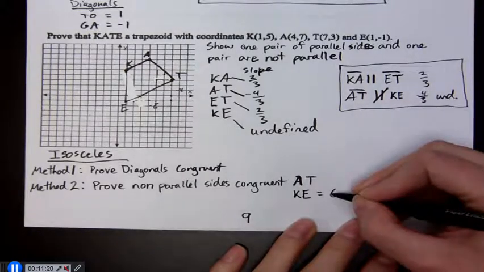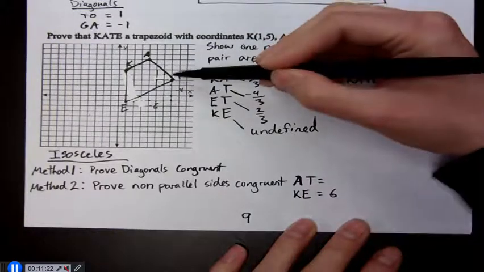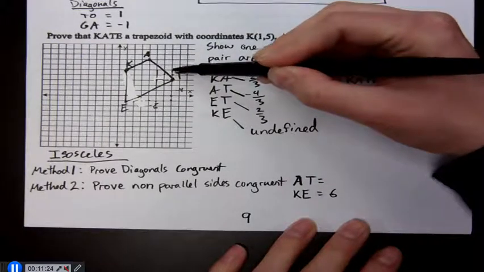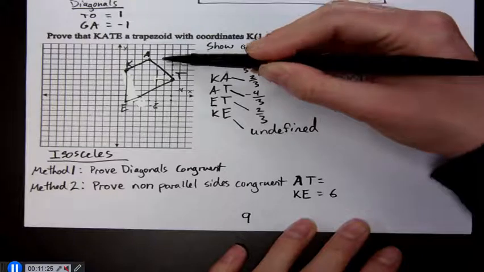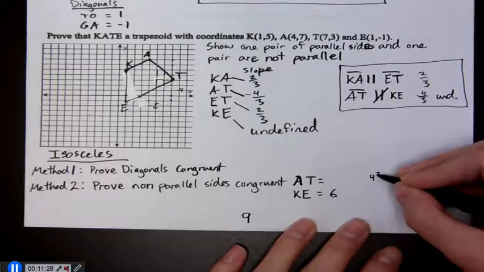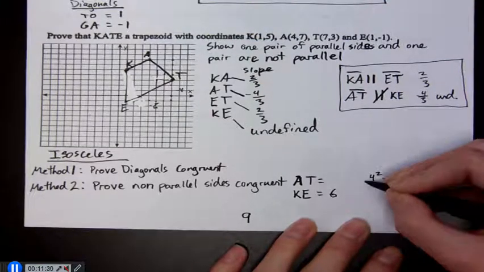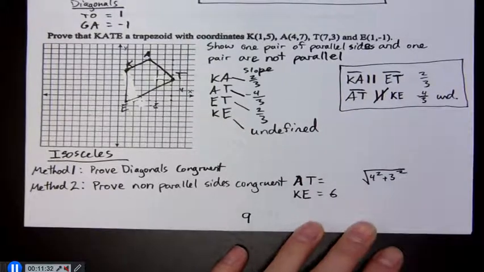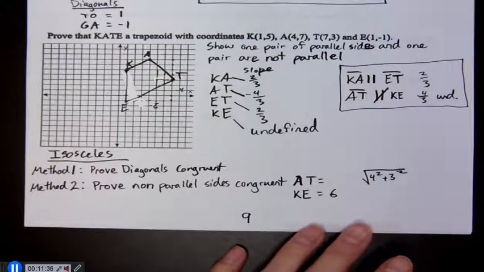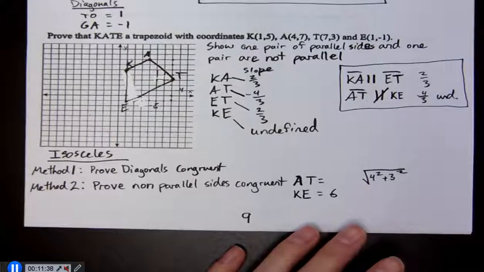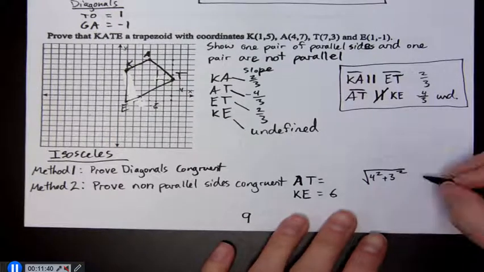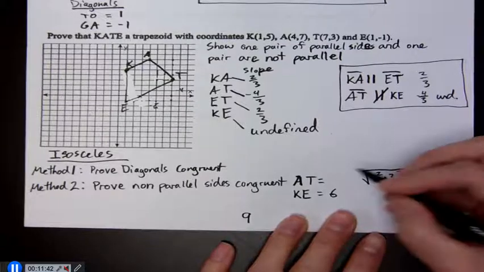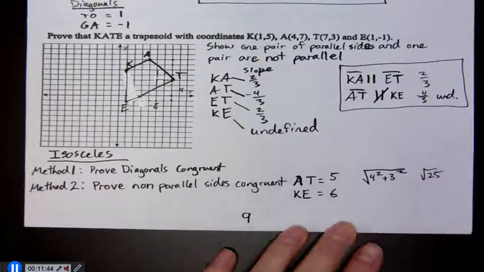All right, AT, I'm going to plug it in, right? So that's 1, 2, 3, 4, and 1, 2, 3. So I do 4 squared plus 3 squared. Does anyone have that memorized yet, what that comes out to? 16 plus 9. What's the square root of 25? 5, right?